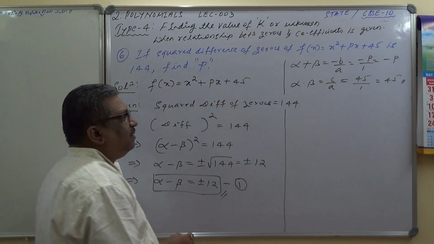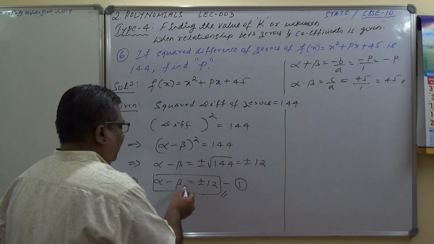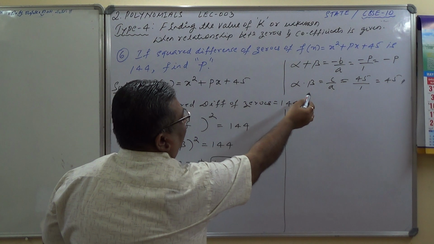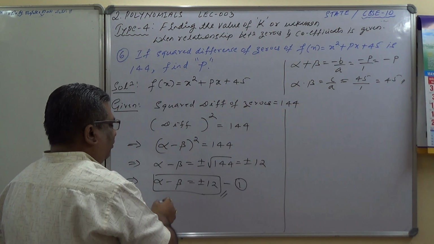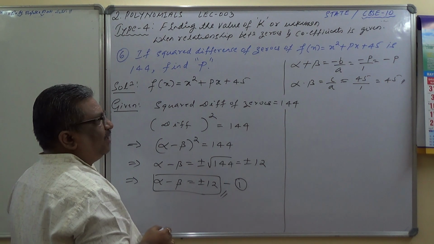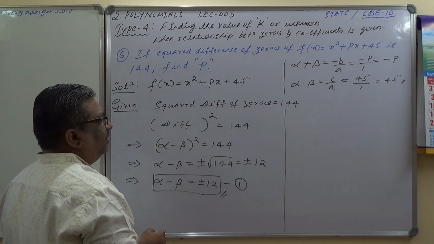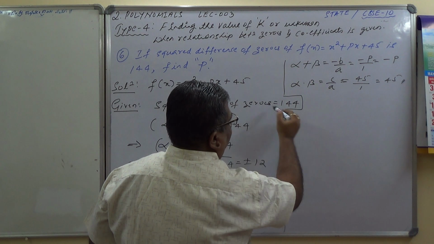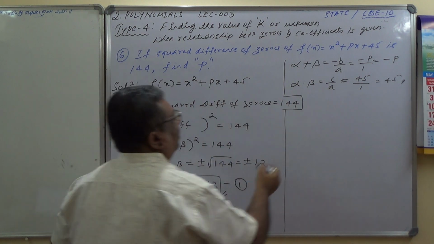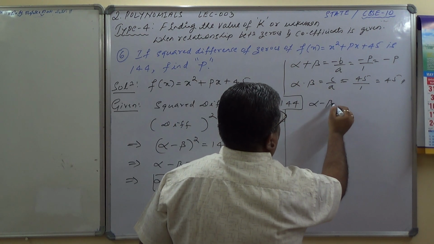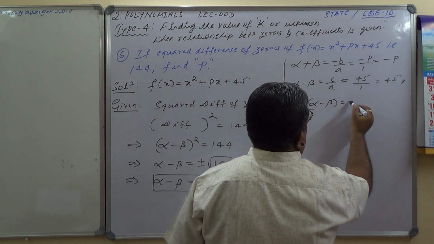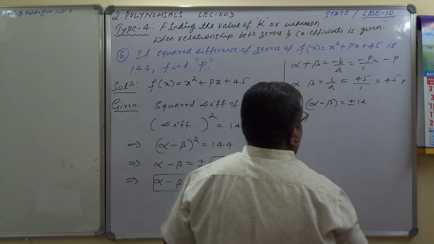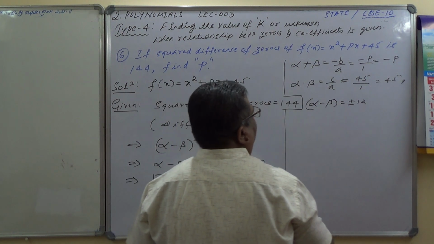Alpha minus beta is given to me, and alpha into beta is 45. By substitution I am getting the quadratic equation once again, so let me see what is to be done. I'll try one method. Alpha minus beta equals plus or minus 12. You got it?